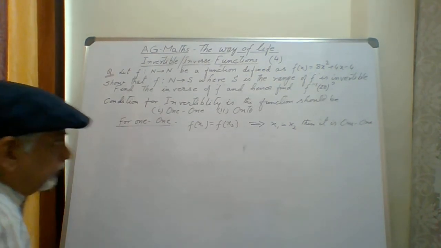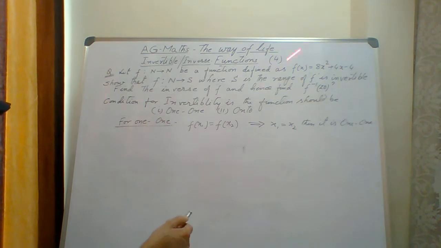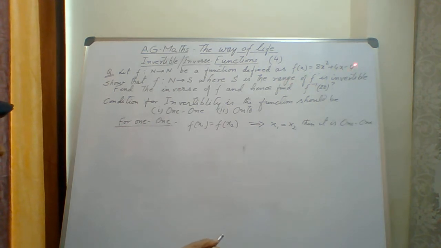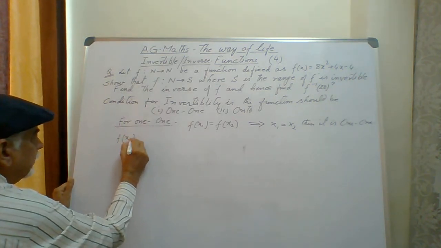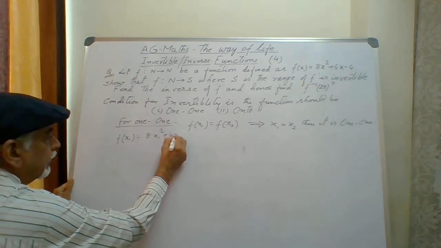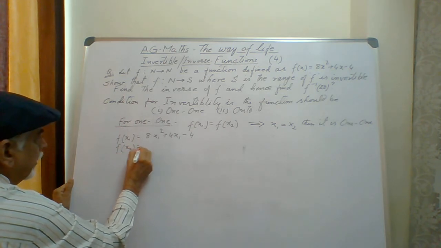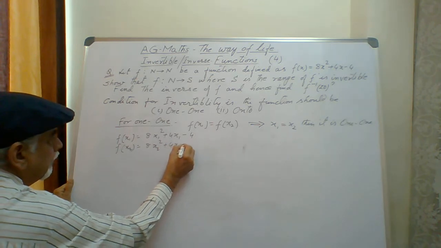Now, in the given function f(x) = 8x square plus 4x minus 4, I put x1 once and x2 another time. So I get f(x1) = 8x1 square plus 4x1 minus 4, and the second time, when I put x2, I get 8x2 square plus 4x2 minus 4.